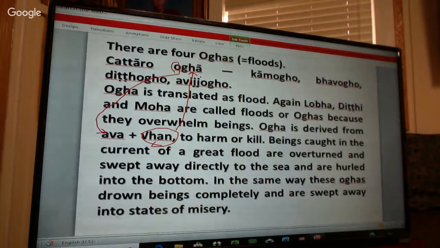These four kinds of floods: Kamogo, Bhavogo, Ditthogo, and Avijjogo. These four kinds of flooding sweep beings away into the four woeful planes, apaya. Yeah, very, very dangerous. But mostly people think a natural disaster, flooding like a tsunami, is very dangerous. They think like this, but they don't know the flooding in their mind.